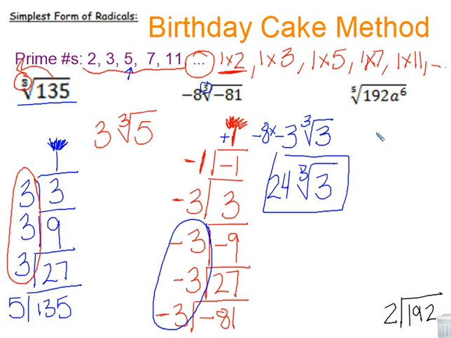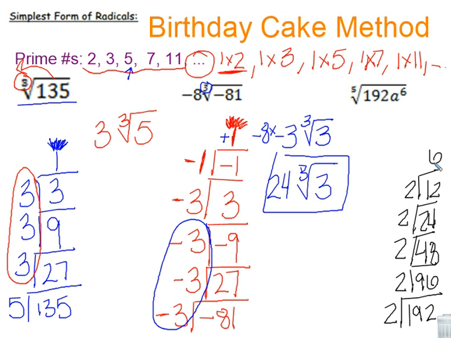And we don't have to worry about negatives this time because after all this number is positive, so we'll use positive 2. 192 divided by 2 gives me 96. 96 divided by 2 gives me 48. 48 divided by 2 gives me 24. 24 divided by 2 gives me 12. 12 divided by 2 gives me 6. 6 divided by 2 gives me 3. And then another prime number, 3 divided by 3 gives me my candle that I'm looking for, the number 1.